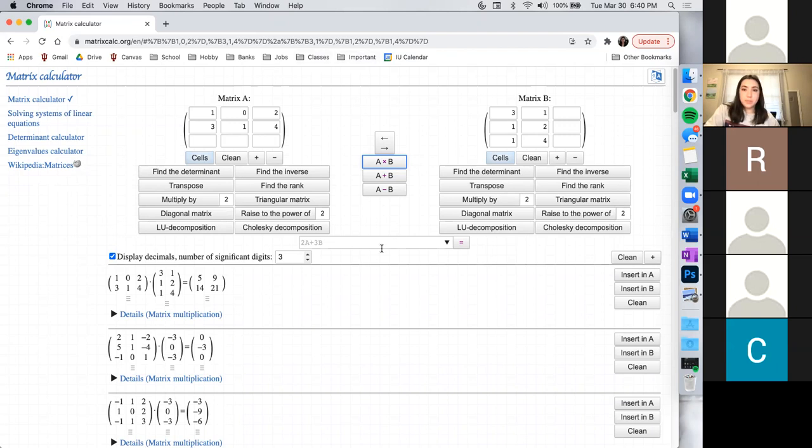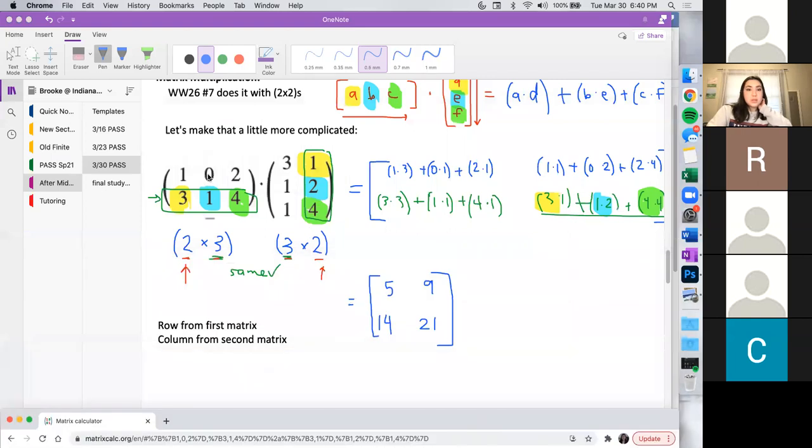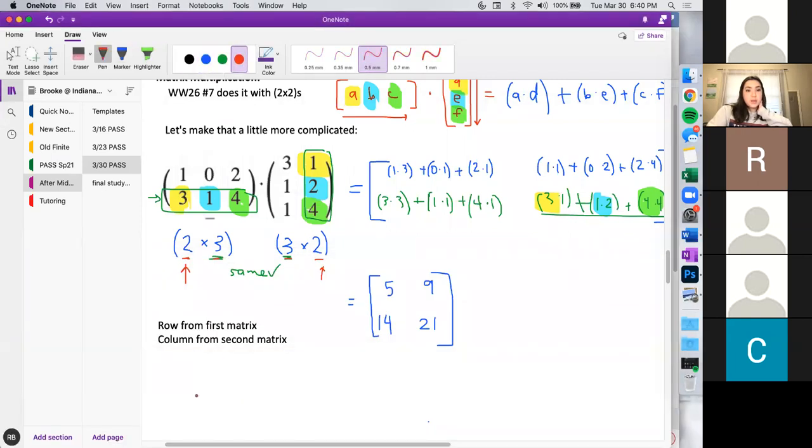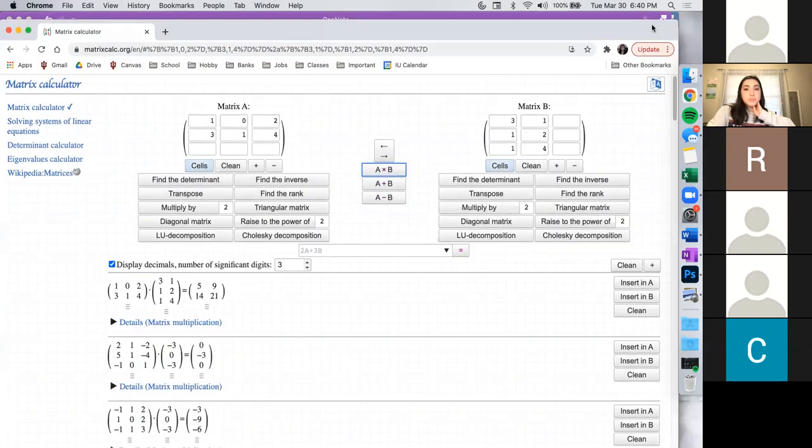All right, here's a proof of why you can't flip flop and move around stuff. So if this is A and this is B, I did A times B right here, and that got me this. If I wanted to do B times A, where did my thing go?